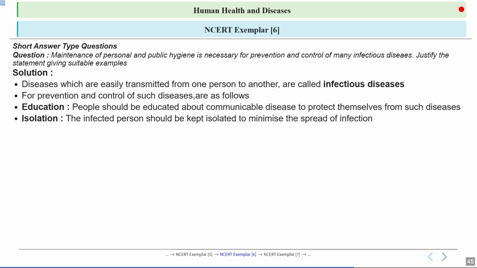Second one is isolation. Keeping infected individuals separate from healthy ones helps stop the disease from spreading. Now, vaccination is a crucial preventive tool. Getting vaccinated helps our bodies recognize and fight off specific diseases before they can cause harm.